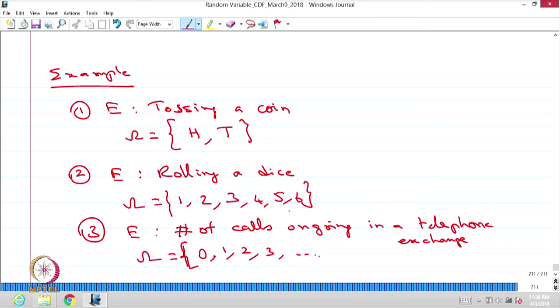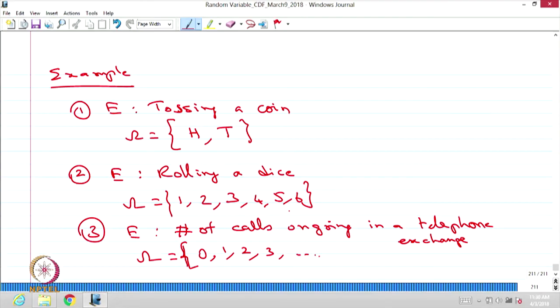Even though it may be a finite number of calls, I am just putting a dot dot dot, which means it's a huge number. It could be 1000 or 2000 or whatever the number. So I am just writing 0, 1, 2, 3 and so on. So many calls are going. This is going to be all possible outcomes of this random experiment. It could be finite also. So this is going to be the collection, or set.